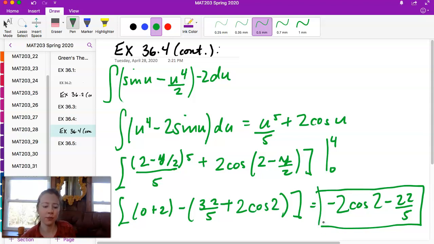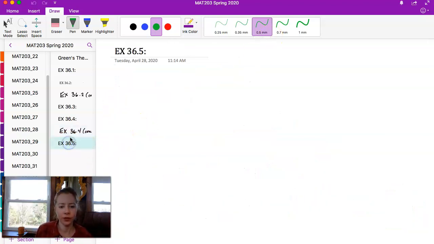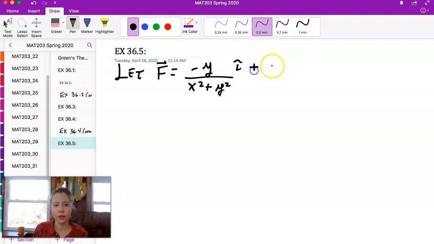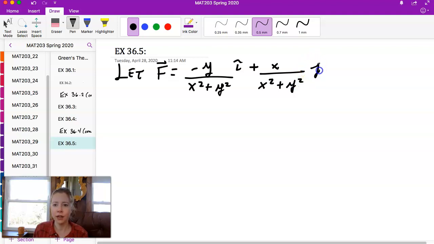And let's do one more once again. You may definitely try it on your own if you'd like. So for this one, let our field be minus y over x squared plus y squared i hat plus x over x squared plus y squared j hat.